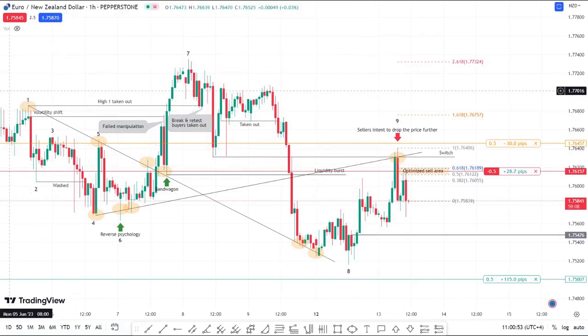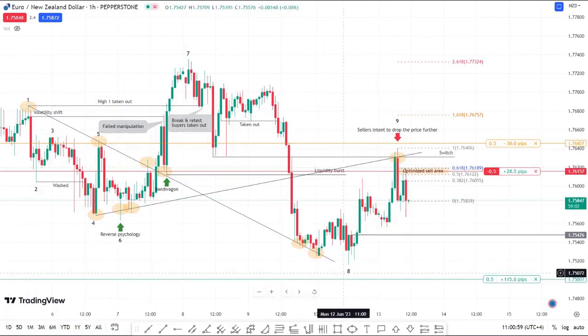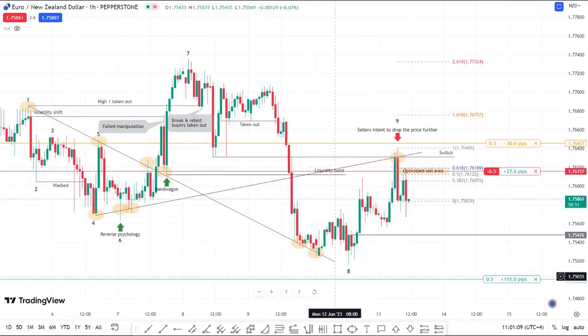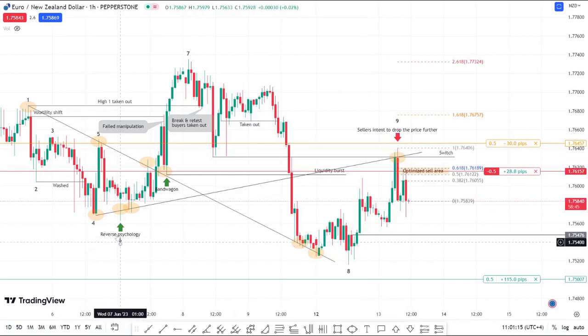So we have connected highs 1, 5, and then it projects the low number 8 in the future. Okay? So this is the switching quality ng ating slope line. So it was tested as a resistance, and then later on, it has been tested as a support. So the same what is happening at low number 4 at low number 6.